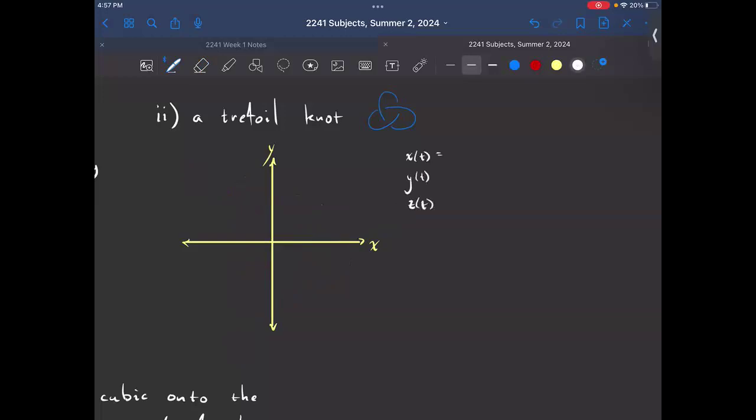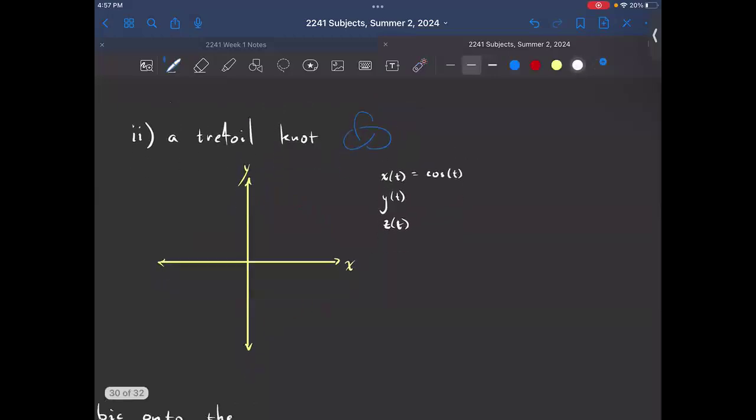So x is going to give me, okay, cosine of t. I want it to go around, starting there. And then y is sine of t. And we'll deal with z in a minute.